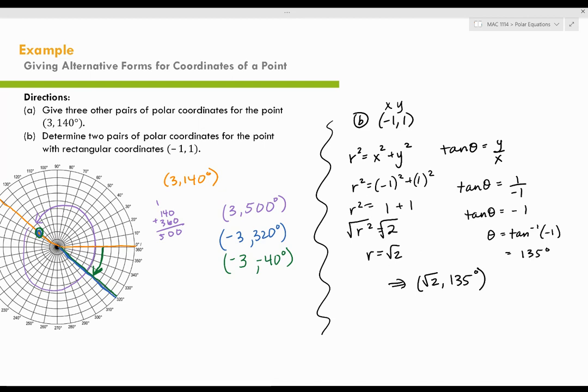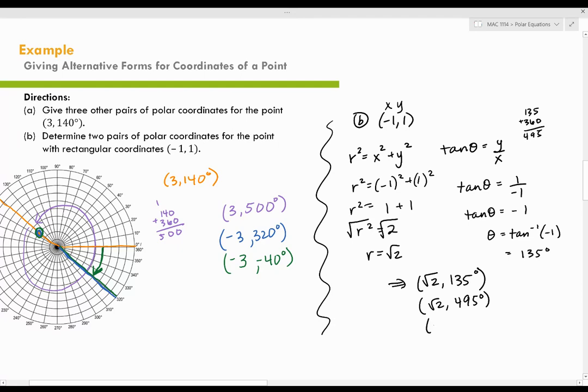Another point that I could get: I could add a coterminal angle to this. I could add 360 to get the other point. So I could say square root of 2 and then 135 plus 360, 495. That would bring me to the same point. I could also use a negative angle.